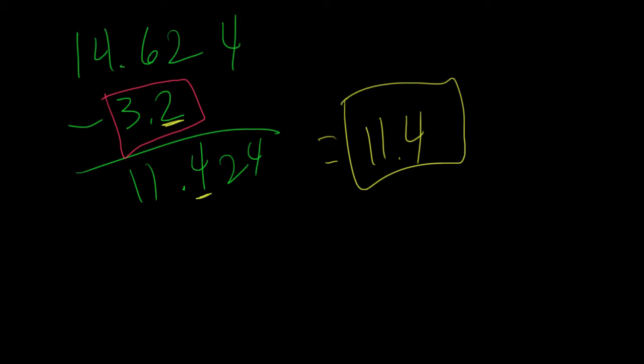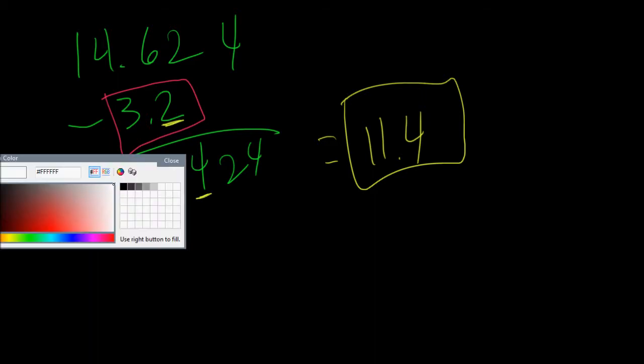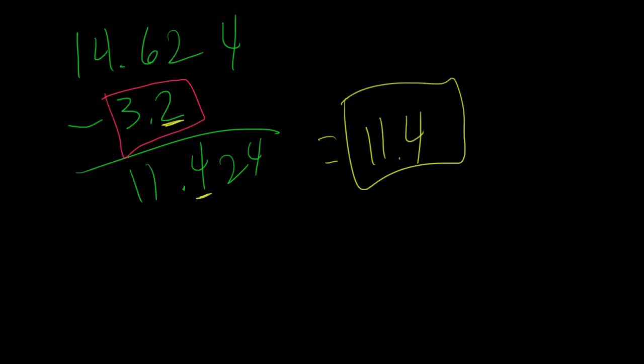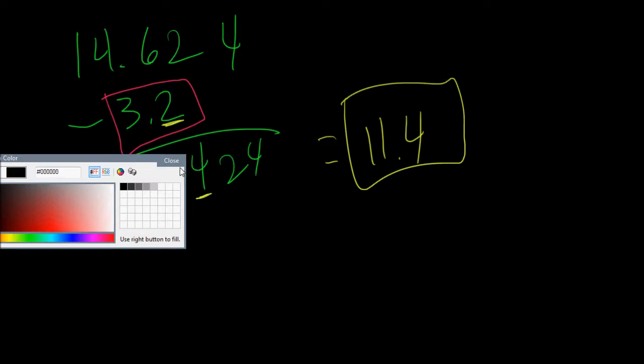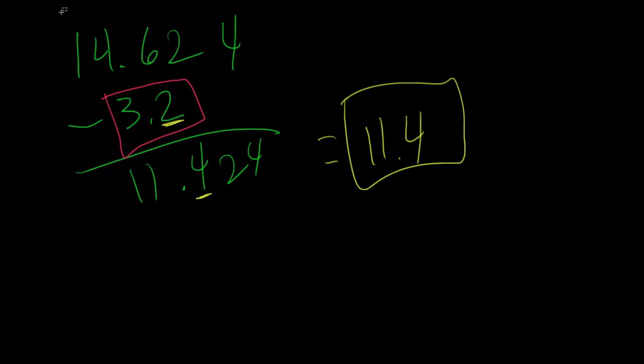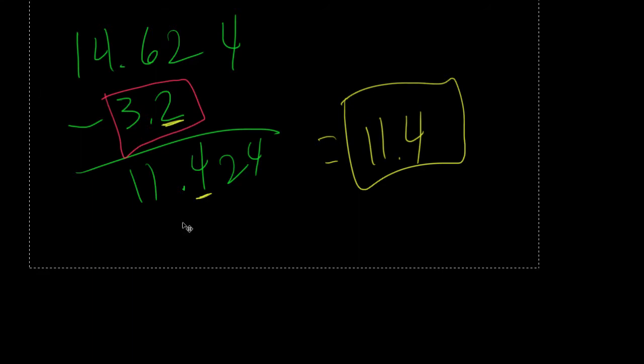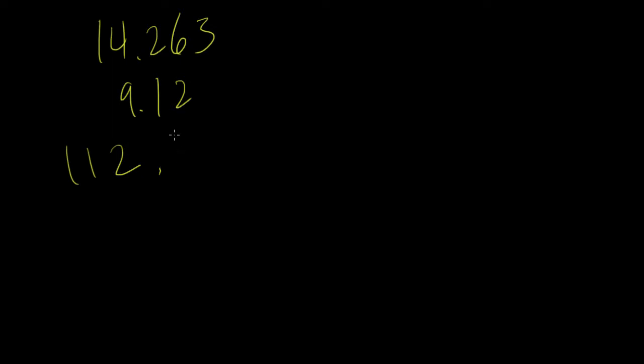Another way to think about it is maybe to look at it this way. So we have a bunch of numbers: 14.263, 9.12, 123.49, and 3.0001.